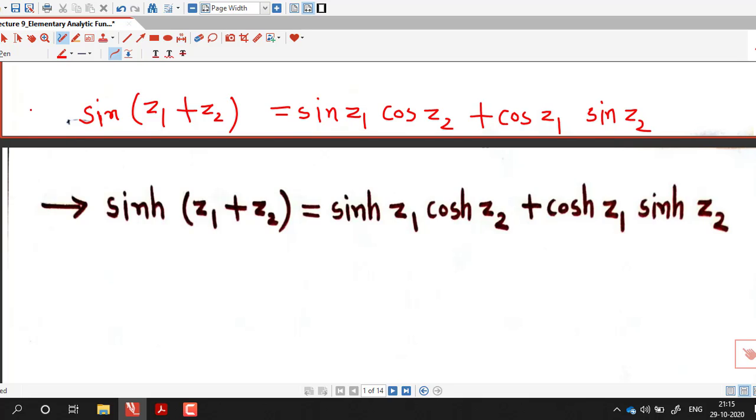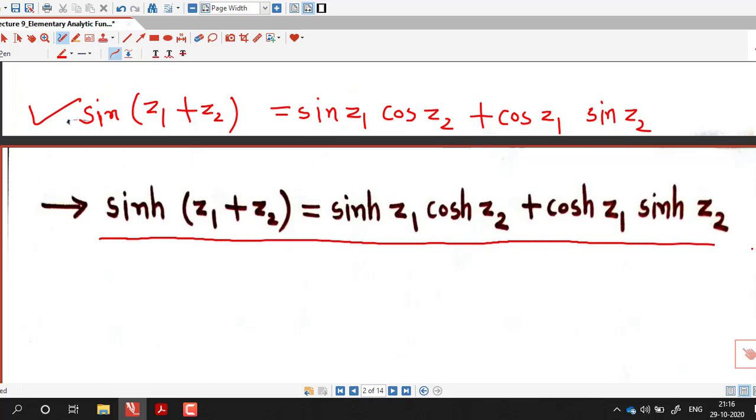So this property of trigonometric functions is also true for sin hyperbolic functions. If I replace this sin function by sin hyperbolic function, then also this property is true. Sin hyperbolic of z1 plus z2 equals sin hyperbolic z1 cos hyperbolic z2 plus cos hyperbolic z1 sin hyperbolic z2.